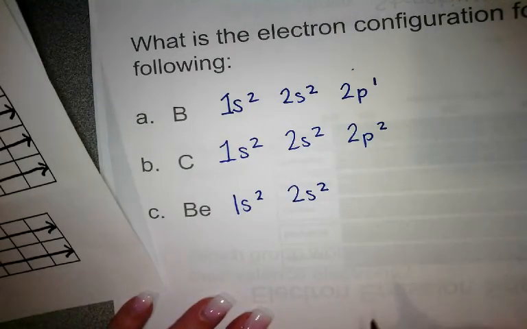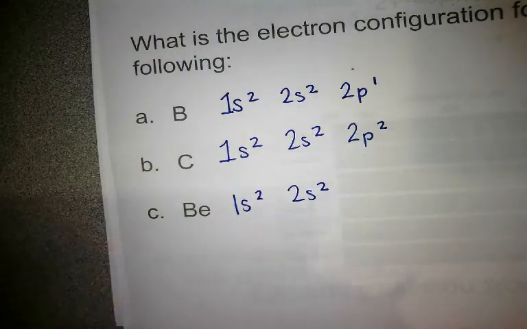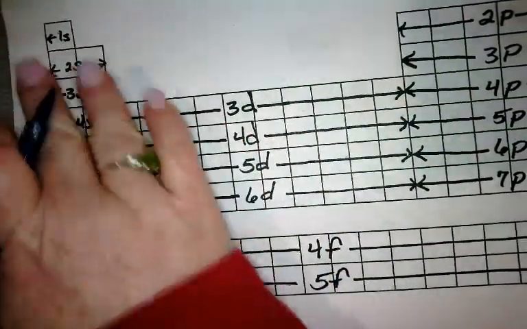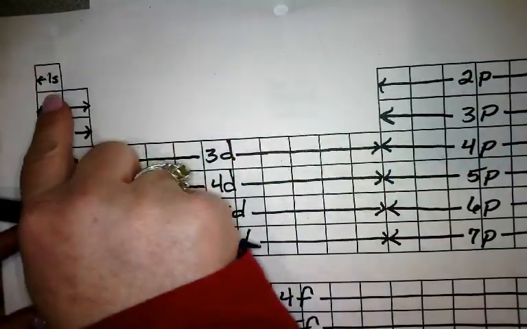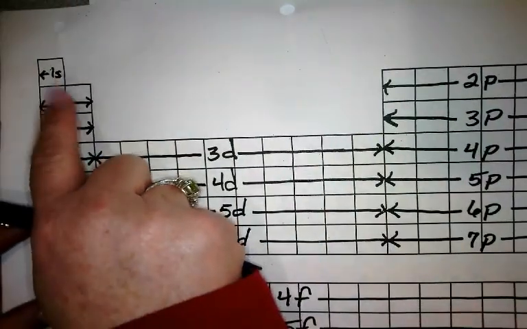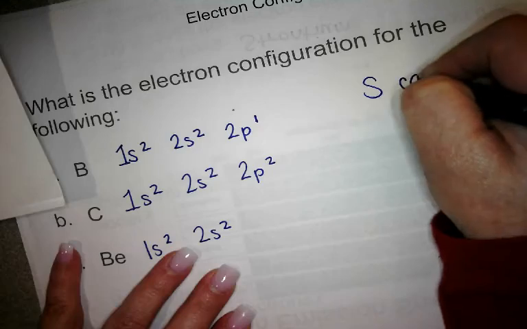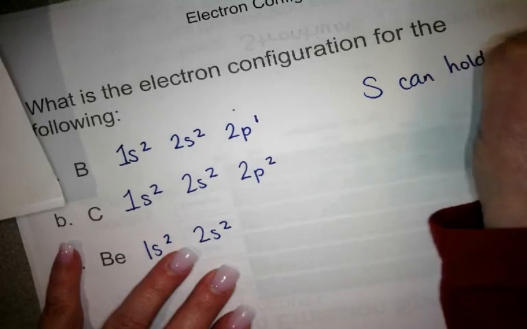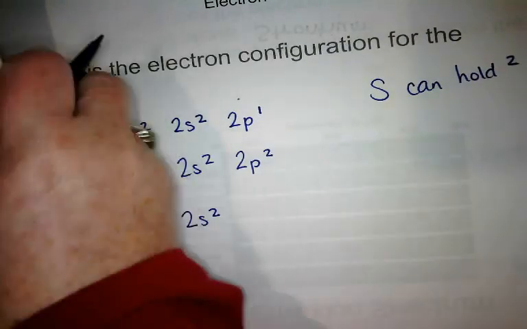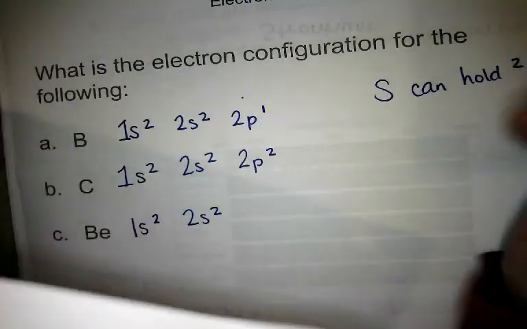But again, you'll have this to where you can follow. Each of these represents a spot in the orbitals. So s can hold up to 2. P's can hold 1, 2, 3, 4, 5, 6. If you notice those boxes, each of those boxes represents a spot for that orbital.